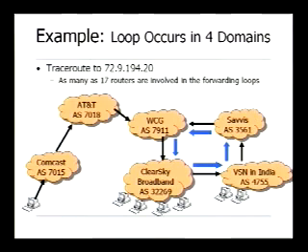Clear Sky forwards traffic to India, then it goes back to Savvis, and then back to Williams Communications. There are almost 17 routers involved in this persistent forwarding loop.